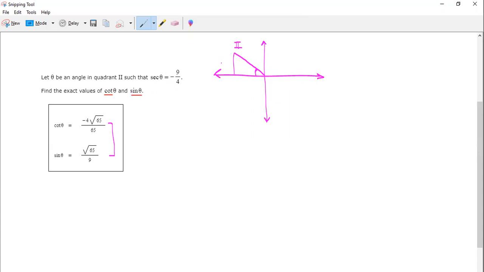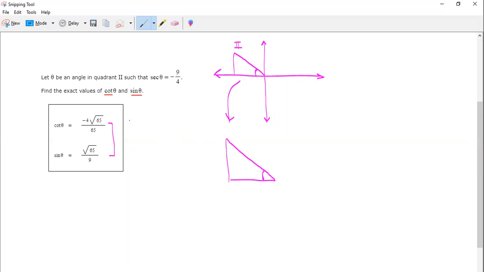The goal is eventually to take this triangle and replicate it off to the side. What we eventually want to do is solve for each side of the triangle.